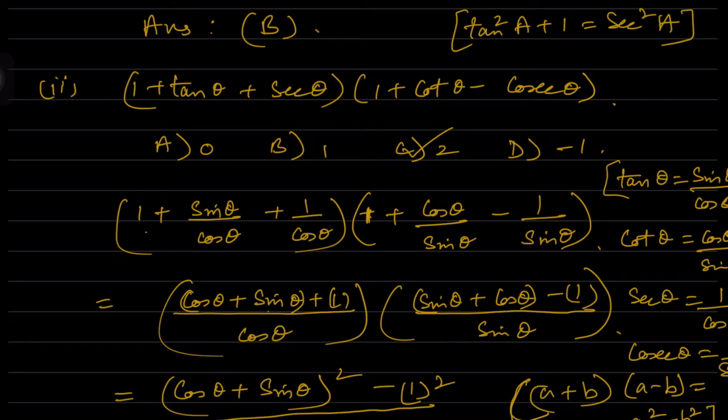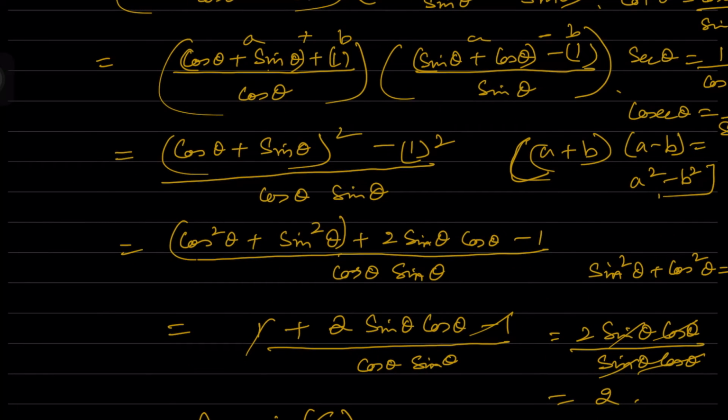Now taking this term as A and this as B, and this as A and this as B, A plus B into A minus B is nothing but A square minus B square. Therefore we have (cos theta plus sin theta) whole square minus 1 square, by cos theta sin theta.